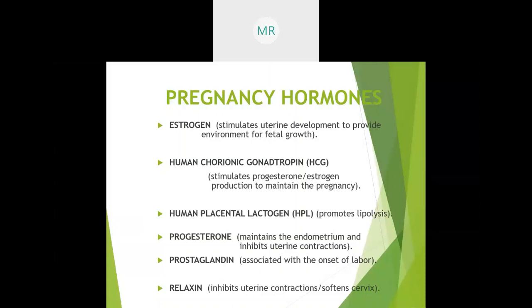Every woman's level for HCG is different. For example, at 5 weeks pregnant, women usually go as early as 5 to 6 weeks to the OB, to the healthcare provider, so that they can start getting their prenatal visits and all of their labs done, so we can have a baseline.